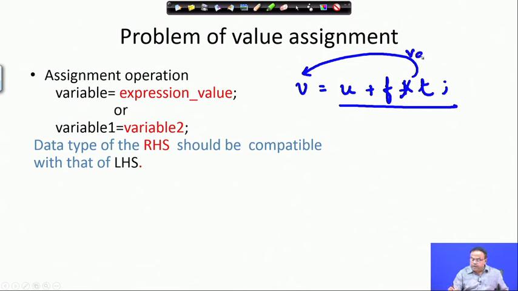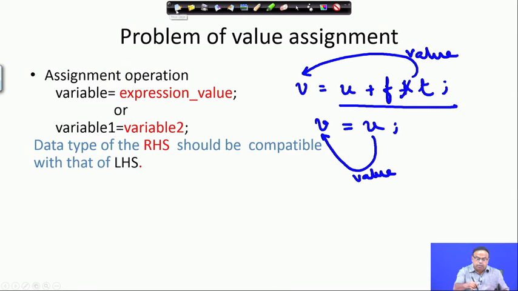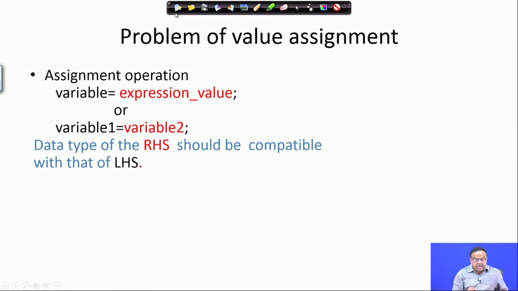On the other hand, I could have done v assigned u, that means the value of u is going to this variable. Here the value of an expression, here just the value of a variable. But the most important point is that the data type of the right hand side should be compatible with that of the left hand side.